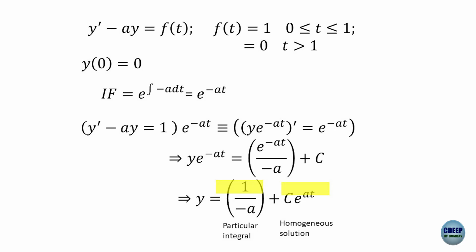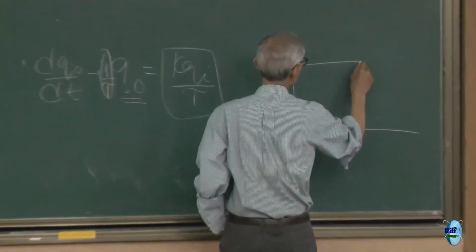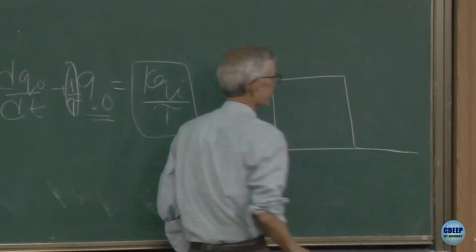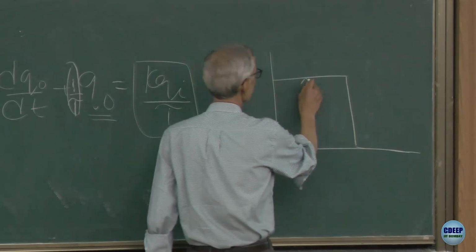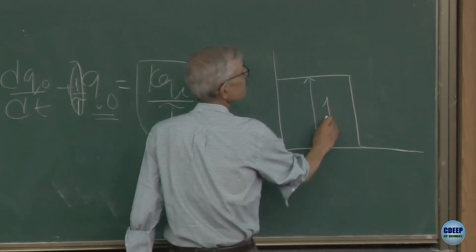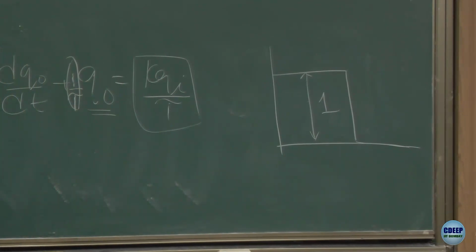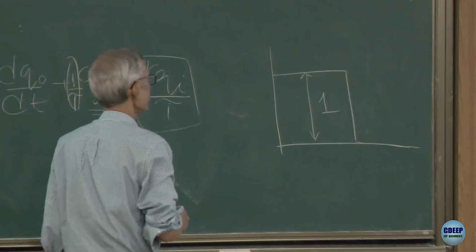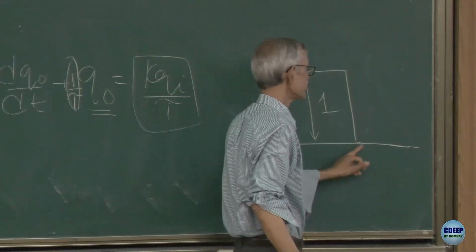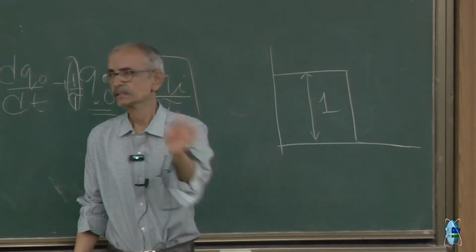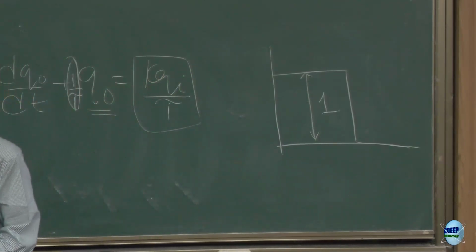In this case, the right-hand side was 1 from, let us say, 0 to 1 unit of time, and then it was suddenly pushed to 0, and the solution was required.